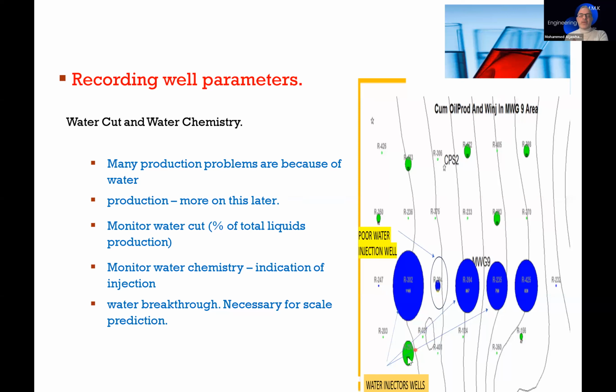Because we have sometimes seen a water breakthrough in some wells because they are very good injectors and very good producers, but there is a channel and maybe good communication between the injector and producer, and that causes a water breakthrough, because some of it happens inside the wellbore. So recording well parameters is very important, very essential to be considered, to be planned, to be implemented.